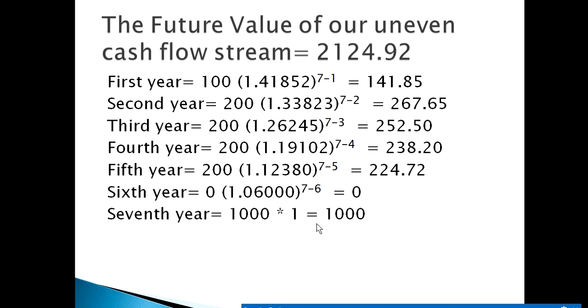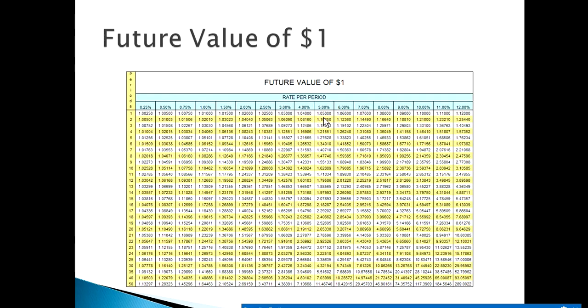So now let's go to the table to make sure we have used these factors. Here we go under the 6%. For our first year, we go here to 6 because 7 minus 1, which is the first year, gives 6 years. And we will use this factor.